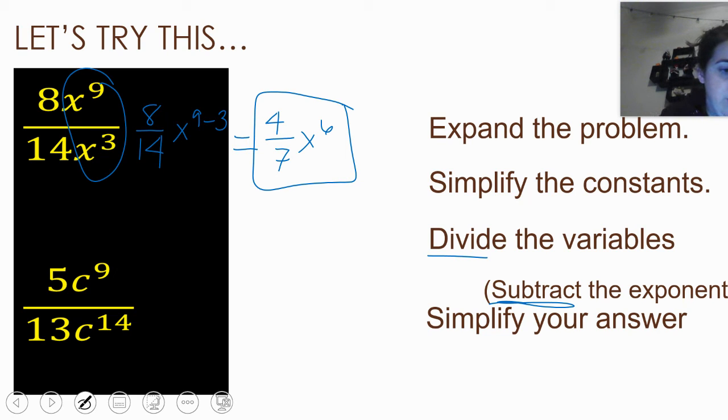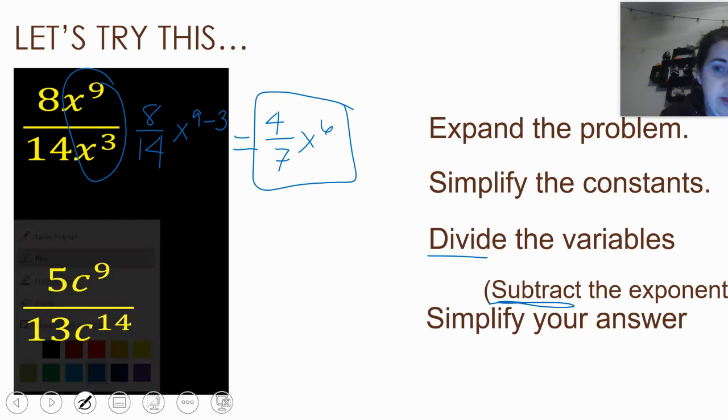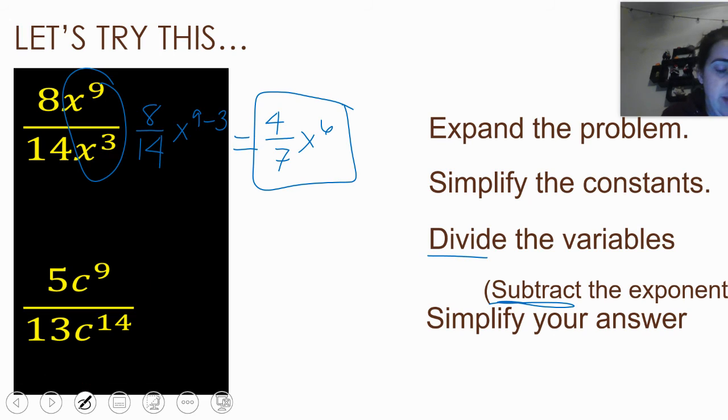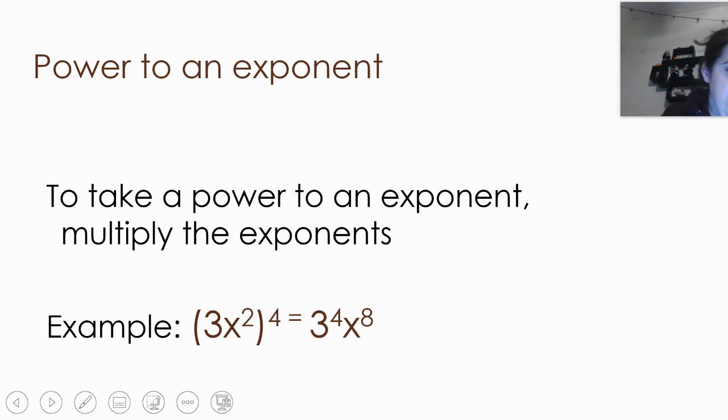Okay, let's try the ones with C. I need to expand the problem. 5 over 13, and then I have C is 9 minus 14. Well, 5 over 13 can't be simplified.